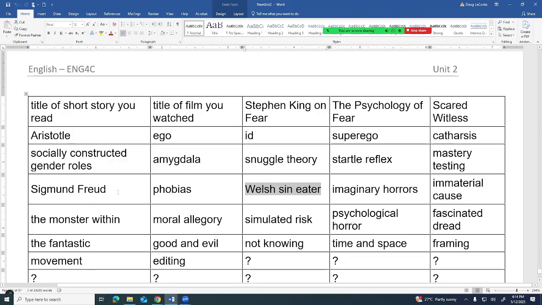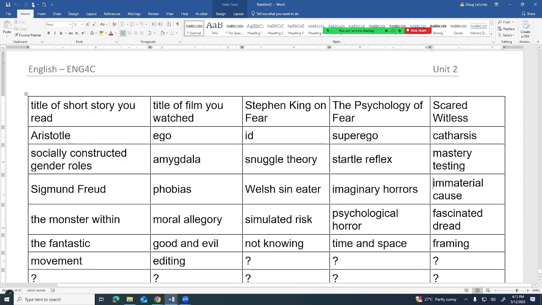Yes, that's a Sigmund Freud thing. Imaginary horrors and immaterial cause. Well, we did have a test where we asked a question about immaterial cause, and I believe that comes from the Psychology of Fear article. The monster within.